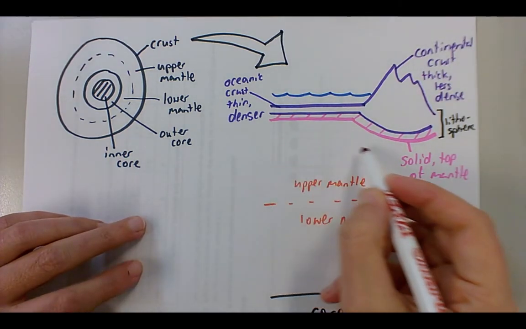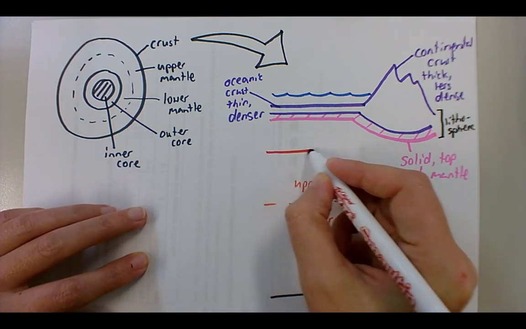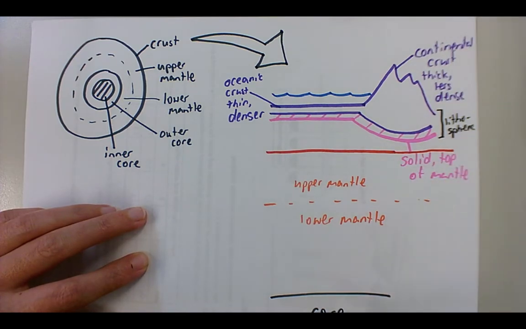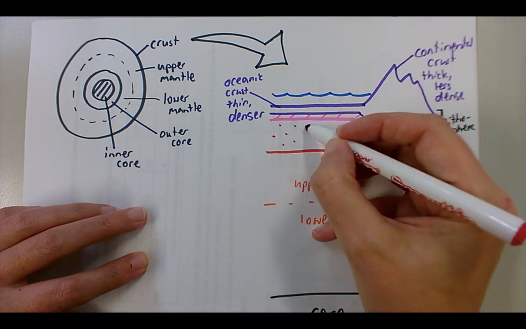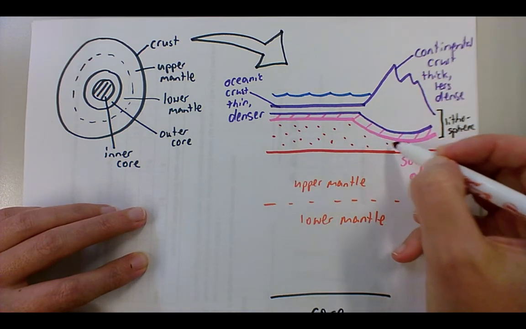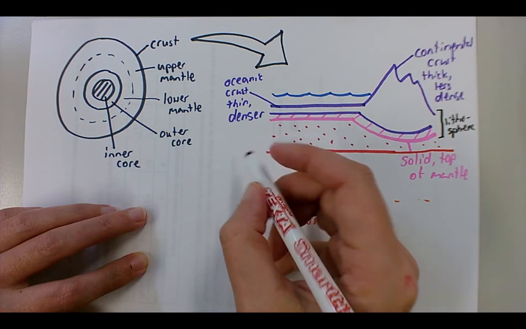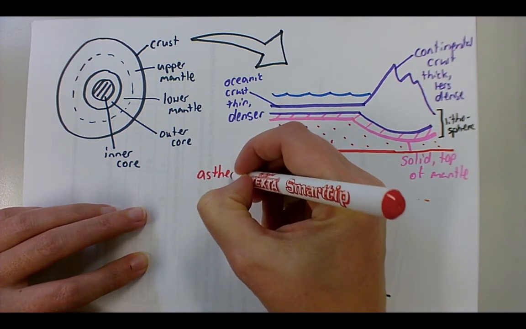The very top of the upper mantle has this section in it that goes like this, right the way through here. That is a little bit more slippery and moves a little bit more easily than the rest of the upper mantle. And we refer to it as the asthenosphere.